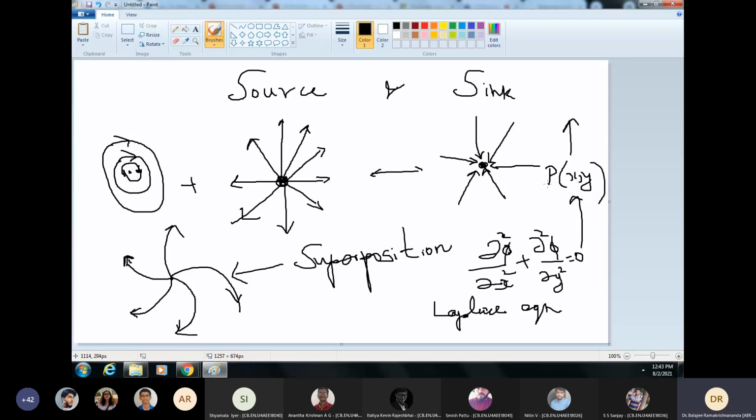You can use the Laplace equation not only for stream flow but anywhere, in electrical engineering, magnetism, so many places. Shyamala, are you there? Yes. If the right hand side is non-zero, a function of x and y, then the equation is known as Poisson's equation. Okay, very good.